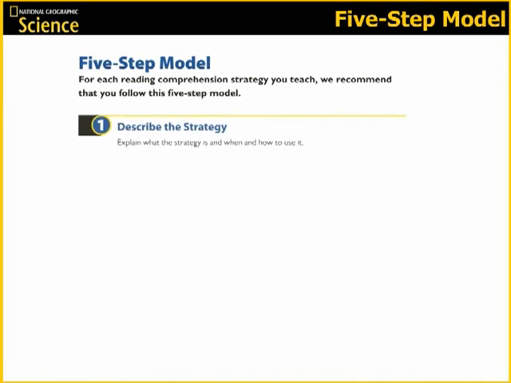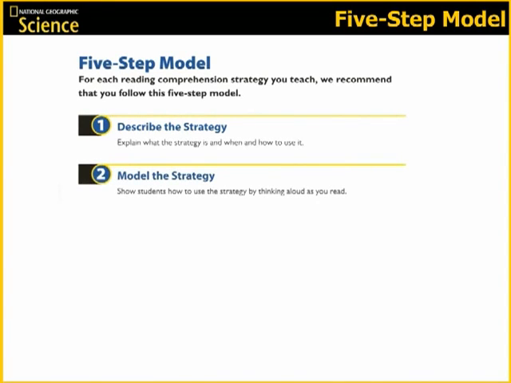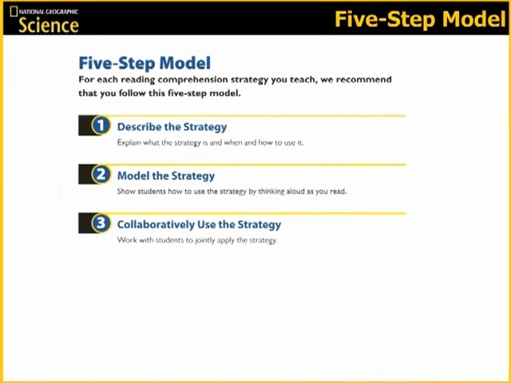The first step is to describe the strategy by explaining what the strategy is and when and how to use it. Step 2 is to model the strategy, showing students how to use the strategy by talking aloud as you read. Next, collaboratively use the strategy by working with students to jointly apply the strategy.